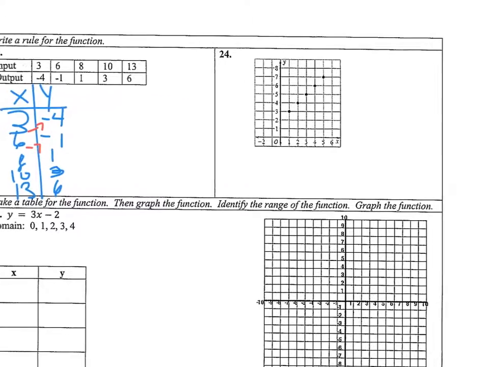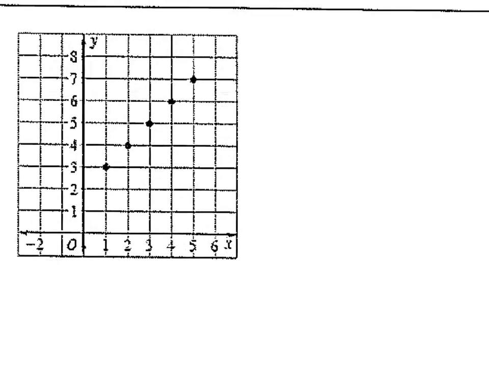Over on number 24, we're going to zoom in tight here, and we're going to write the coordinates out. We're going to just write x and y. So we have 1, 3.